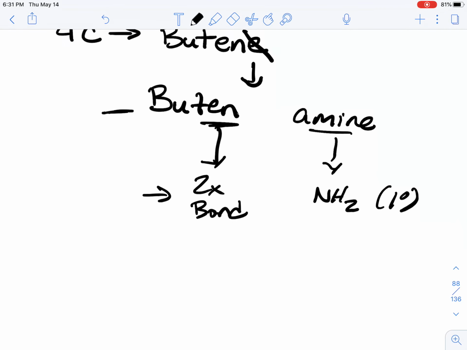And so we cannot put a 1 here because this 1 is going to refer to the double bond. So what we're going to do is put the 1 in front of amine. By doing it this way, we're communicating to the reader that the amine is found on carbon number 1.